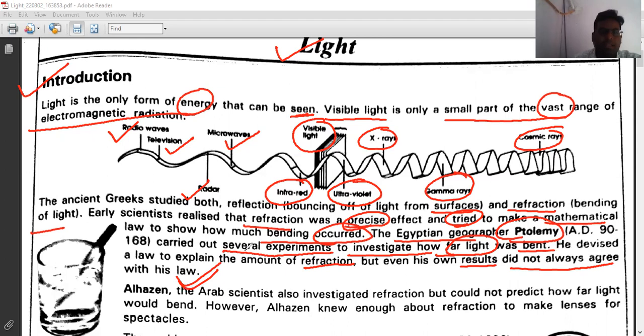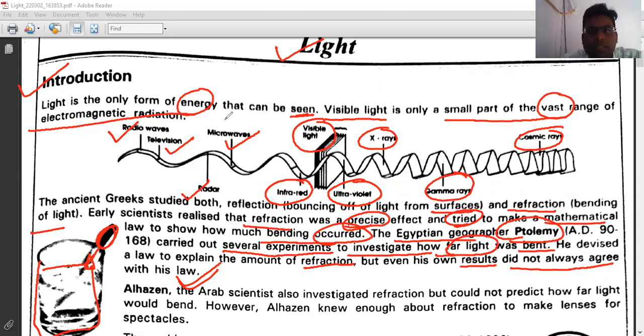So there is a Greek scientist who studied the law of light bending. You can see here a system in which light is put inside the glass and the light is bent. So write these two points.